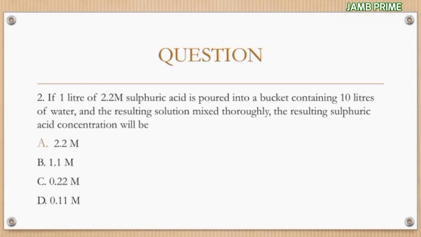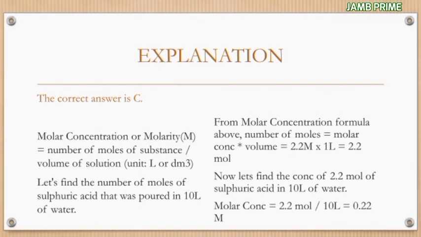Looking at this now, knowing the relationship between your molar concentration, your number of moles and your volume, like we said, the molar concentration is equal to number of moles over volume. That is the main formula you have to use in this kind of question.